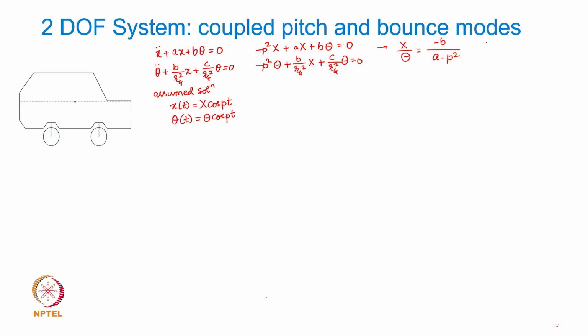And from the second equation also, x over theta is going to be p square minus c upon r g square, and this is going to be b upon r g square, isn't it?